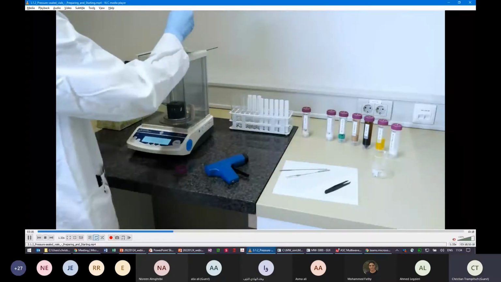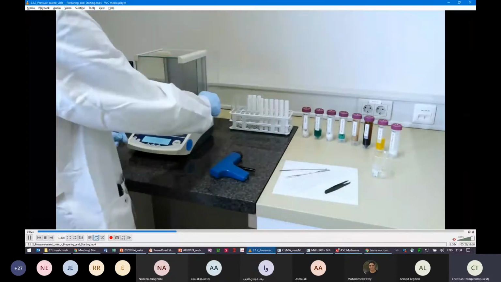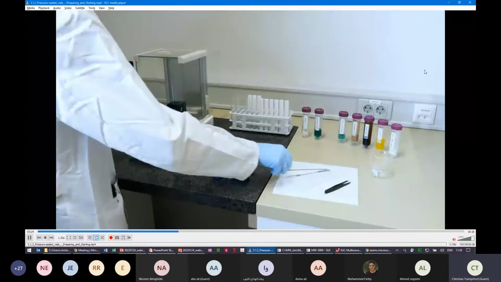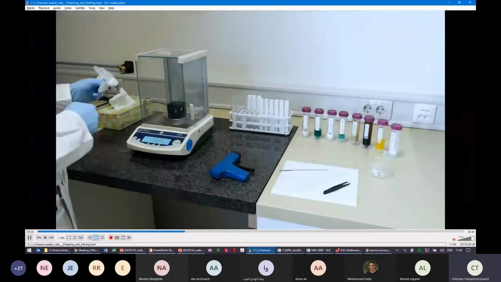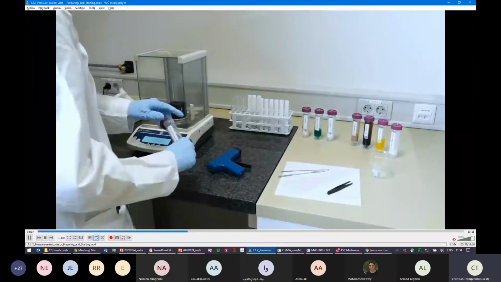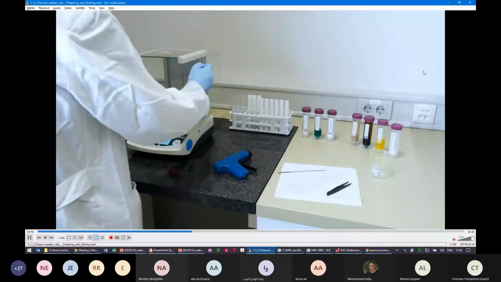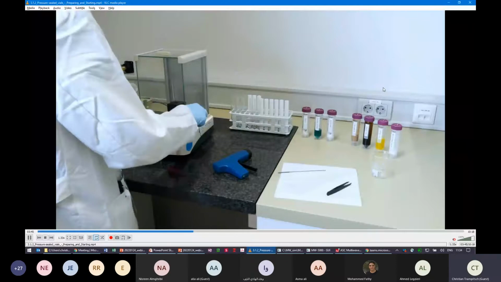Okay, now we do the weighing a little bit more quickly. So we weigh in one after the other. If you get sample particles on the vessel wall, you also use the acid to rinse the sample down into the vessel. Okay, it's a very quick lab workflow.